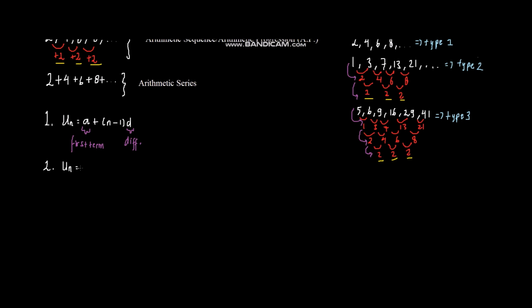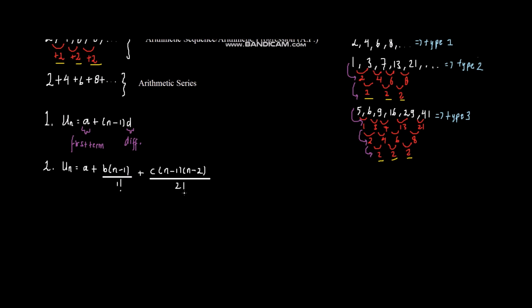So the nth term for type 2 is equal to a plus b times (n minus 1) over 1 factorial, plus c times (n minus 1) times (n minus 2) over 2 factorial.